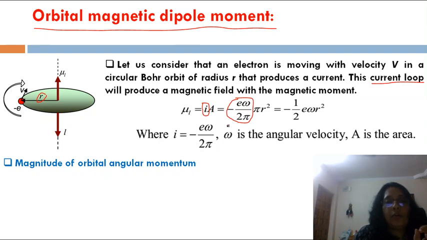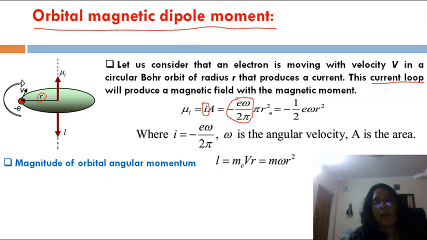Now, due to this magnetic field, what will be the change in the orbital angular momentum? The orbital angular momentum is denoted by letter L, where L is equal to m_e v r. Not magnetic quantum number, sorry, orbital quantum number or orbital angular momentum.